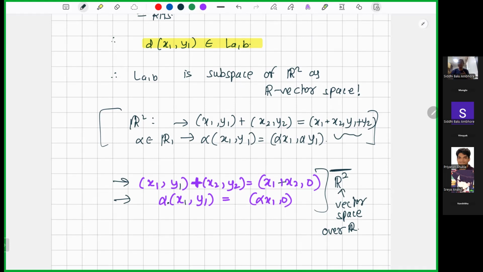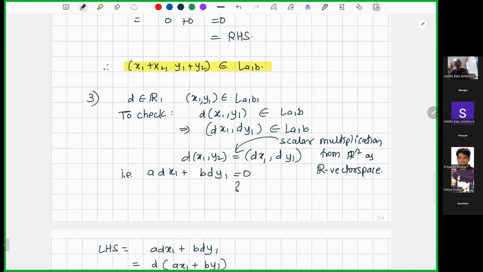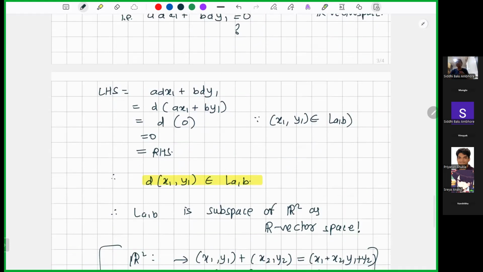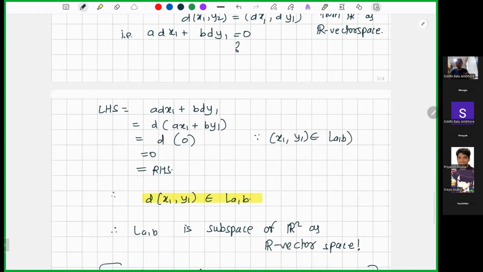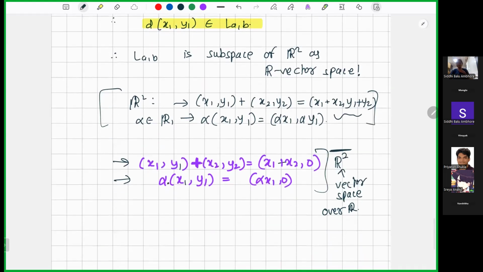So when you ask about the composition of two elements, I hope that's what you wanted to ask. When we check for the subspace, we have to look at how the addition and scalar multiplication are defined in the original vector space to start with. I hope that was the question.